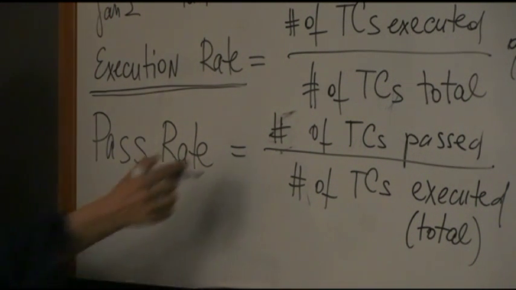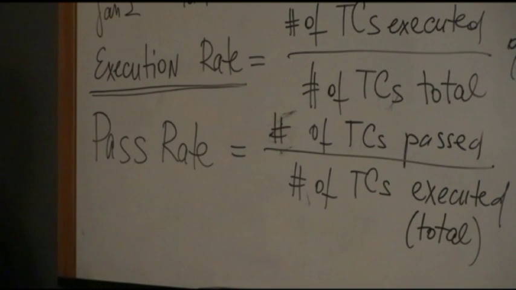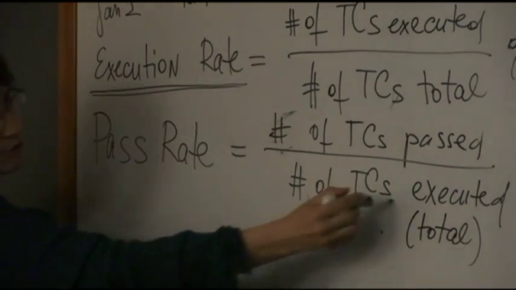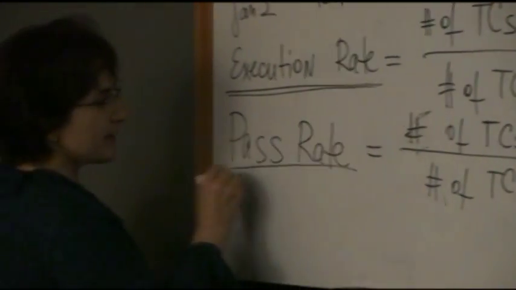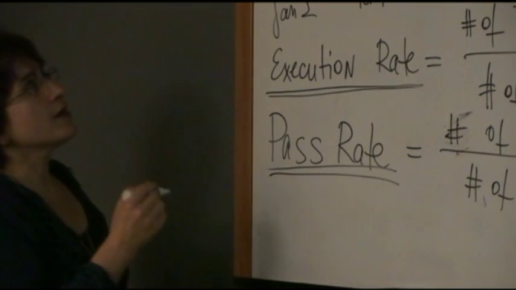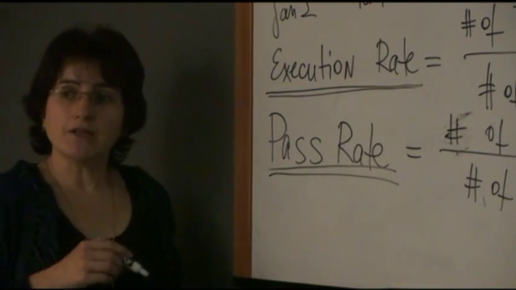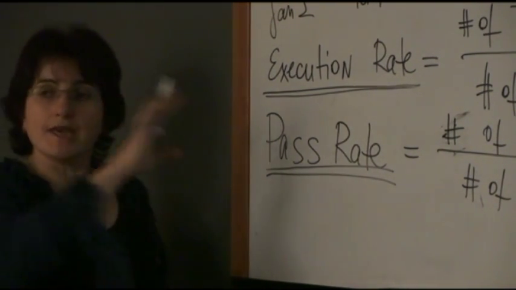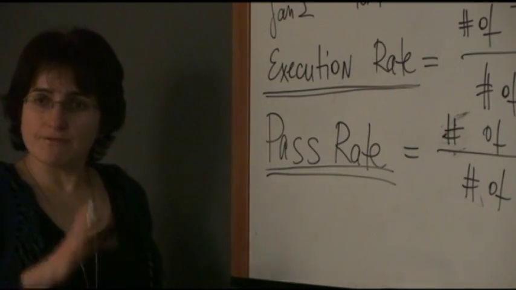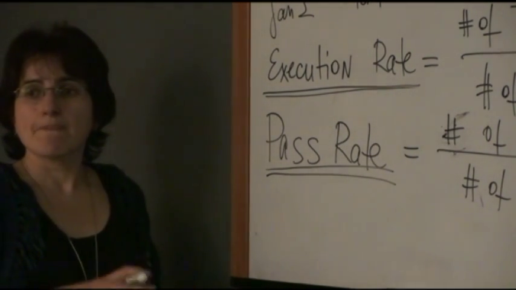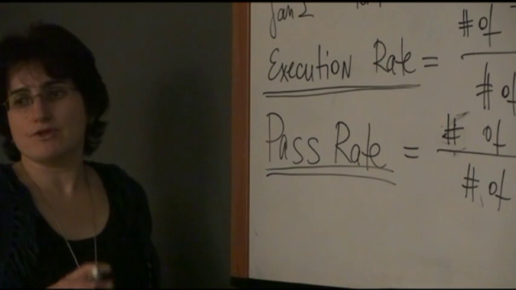It's just these two numbers that may be calculated differently. But at the end, it's not too much difference, because you will see the trend right away, no matter which one you use. So the pass rate is a very important number, because pass rate will tell you, for the executed test cases, for the features that you've already tested, what is the quality of those features.